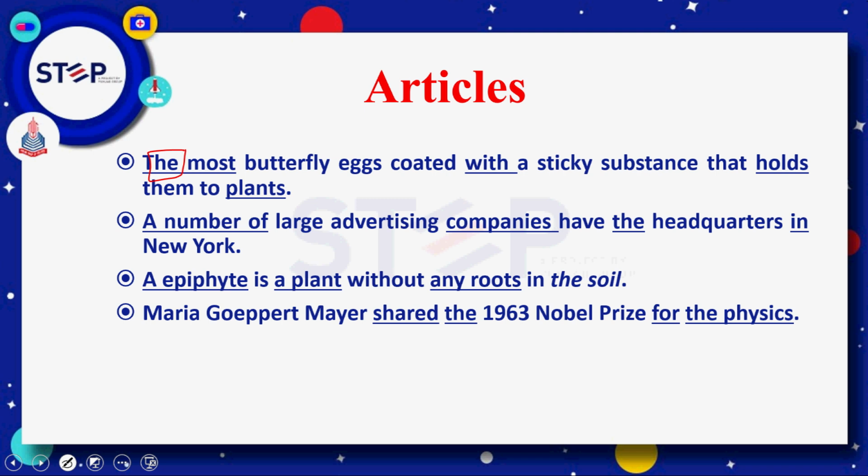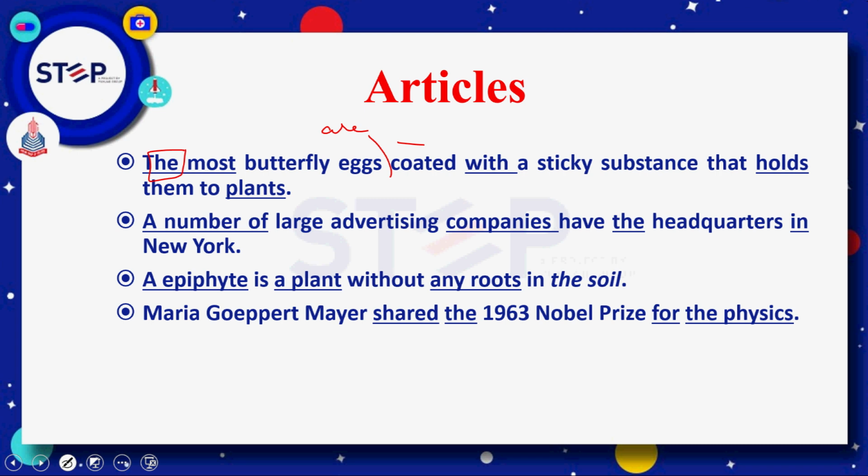Most butterfly eggs are coated. I think in this sentence, a verb is missing. It was by mistake, I'm trying to write are. Okay. A number of large advertising companies have the headquarters in New York. A number of large advertising companies have the headquarters, over here.